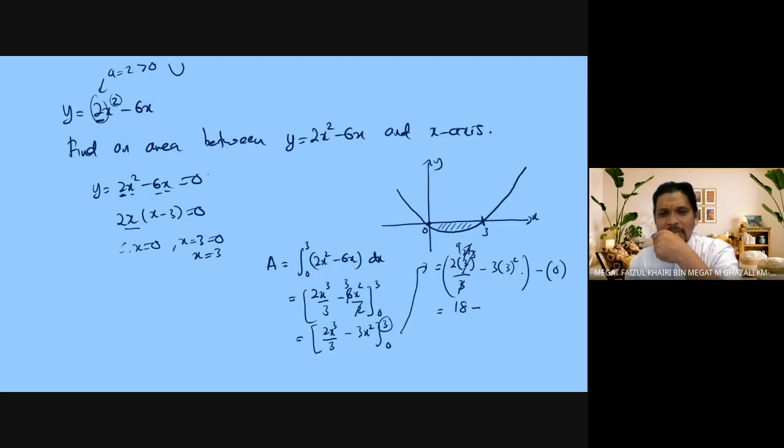Did I make a mistake here? x cubed over 3, and then 6x squared over 2. 6 divided by 2 equal to 3, and x squared equal to x squared. Kiki, do you find any mistake here?